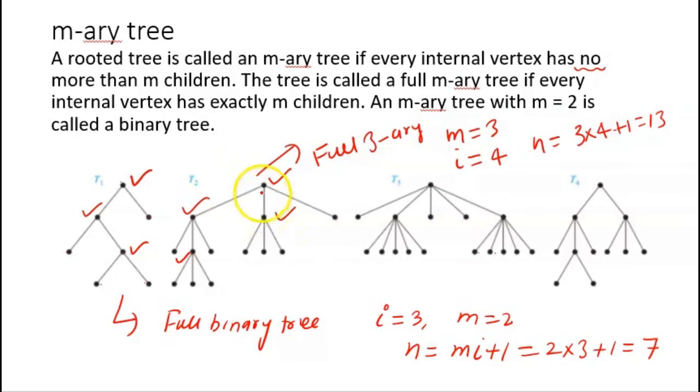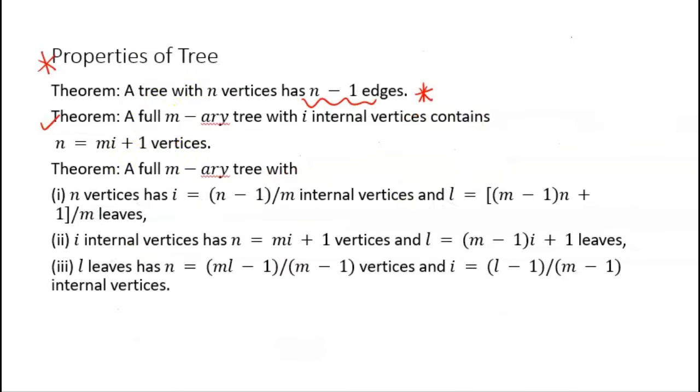You can count it: 1, 2, 3, 4, 5, 6, 7, 8, 9, 10, 11, 12, and 13. So this is the first result, that a full m-ary tree with I internal vertices contains n is equal to m into I plus 1 vertices, and we will be using this result to solve problems.